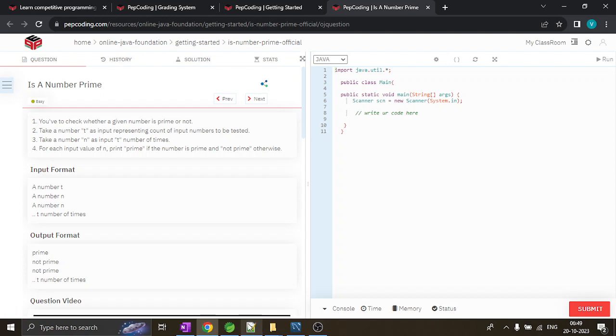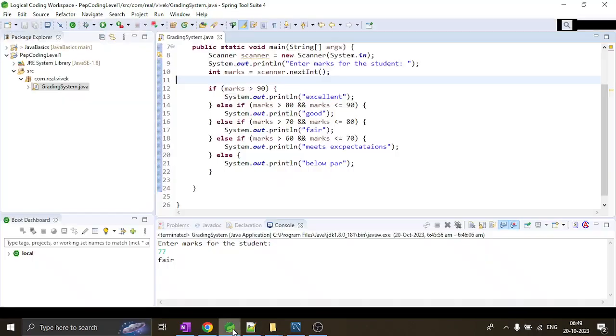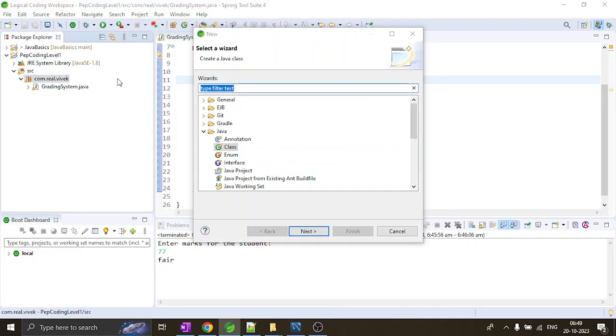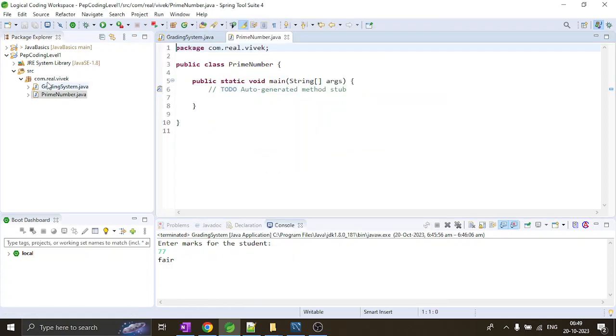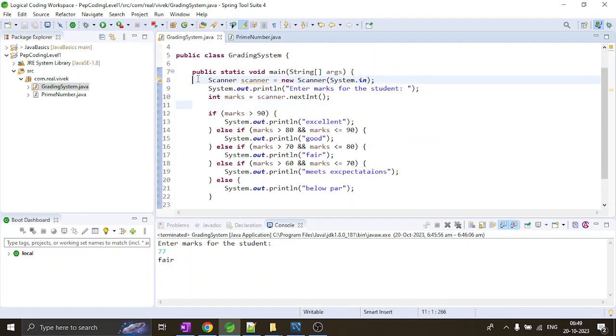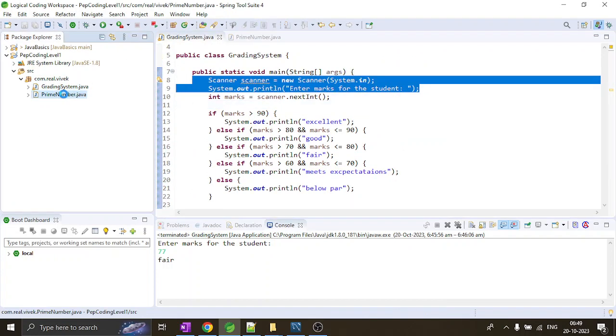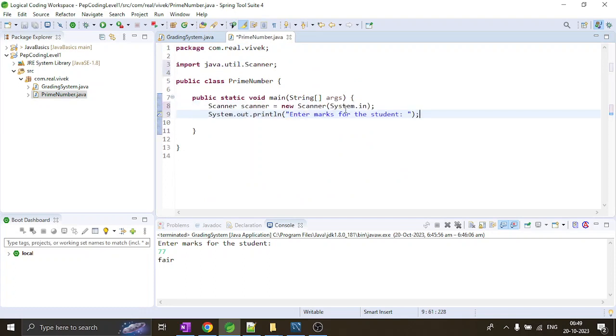Let me open my prime numbers file. Let me copy these statements to avoid the hassle of writing, enter a number, because that is what we are going to do now.